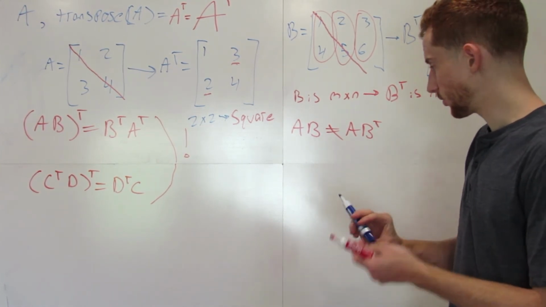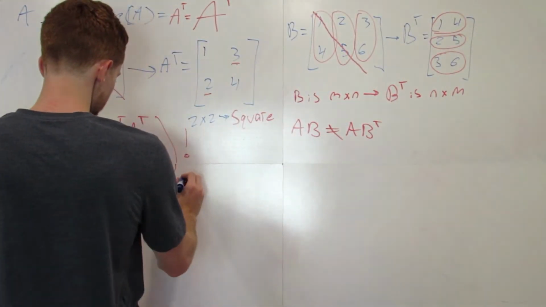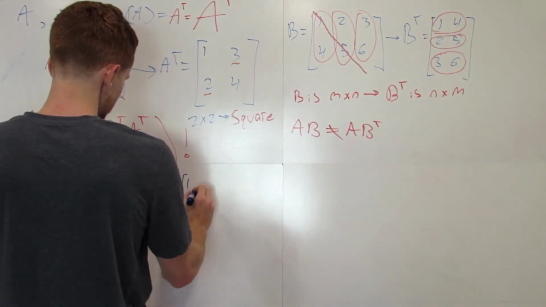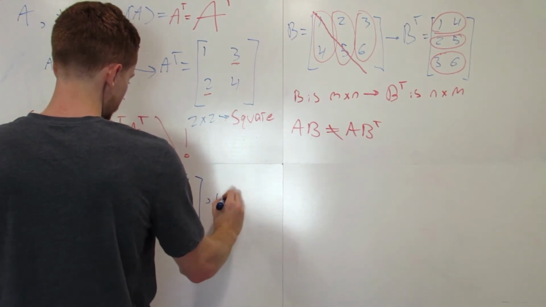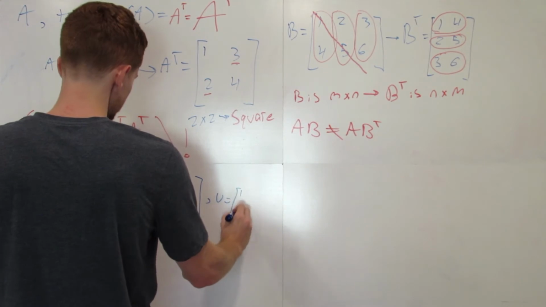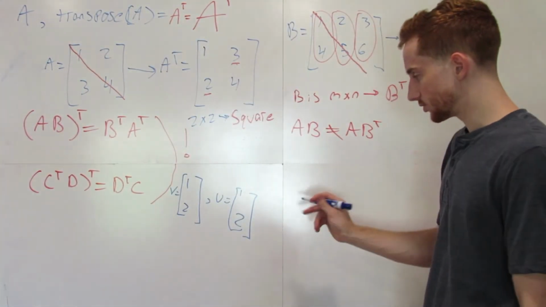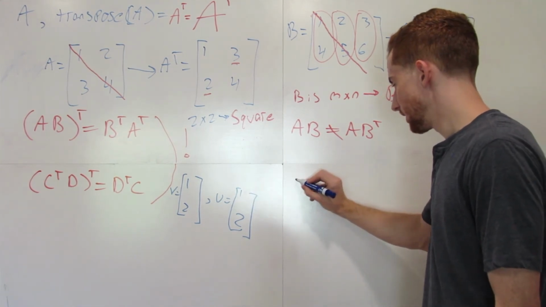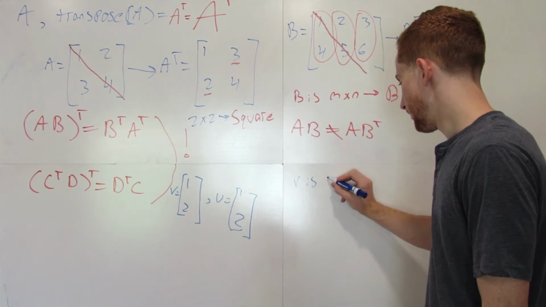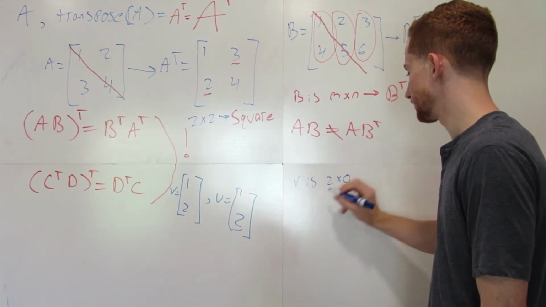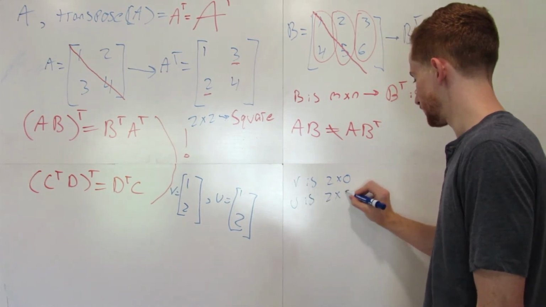One last thing I wanted to go over is that with our vectors, if we had some vector V, which is 1, 2, and another vector U, which is also 1, 2, then what you'll notice is that if we treat these as matrices, V is 2 times 1, and U is 2 times 1.